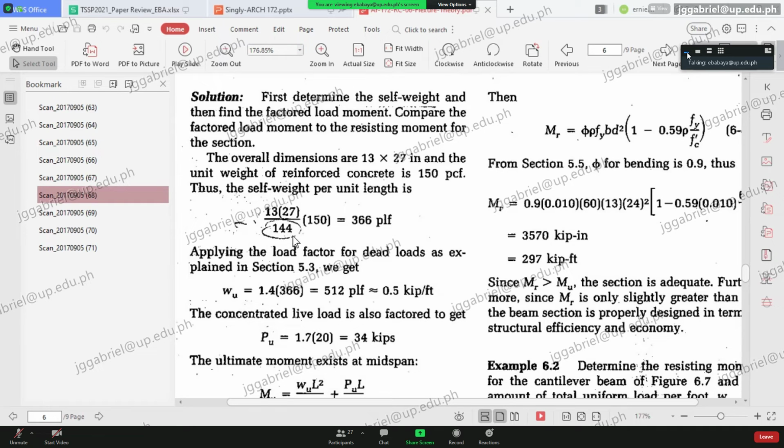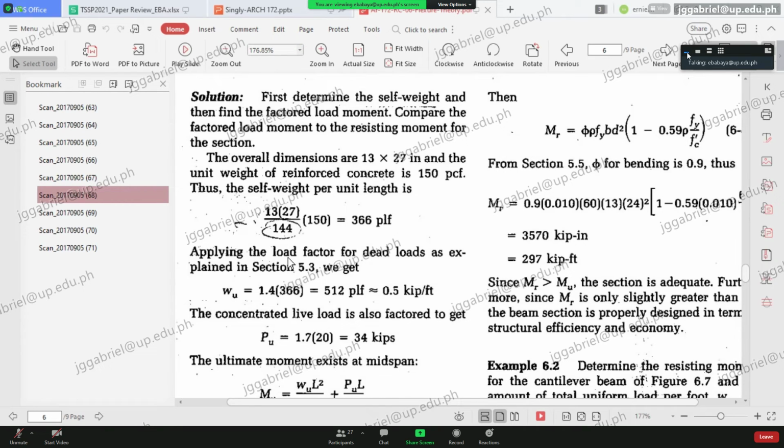This 144 here is just a conversion. We are converting the square inches to square foot. Okay, so that we will come up with 366 pounds per lineal foot.